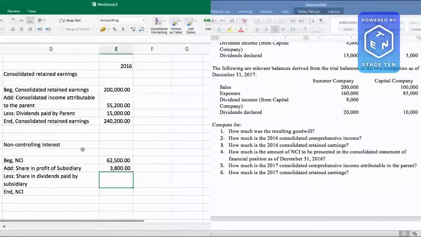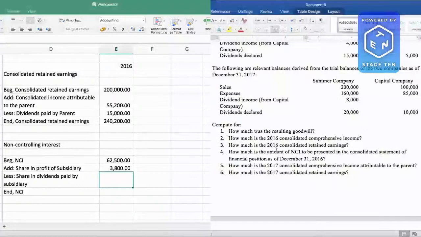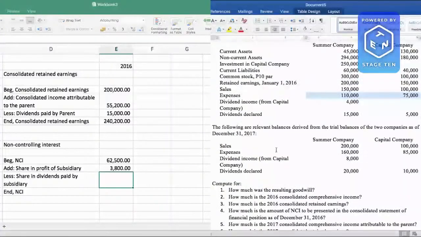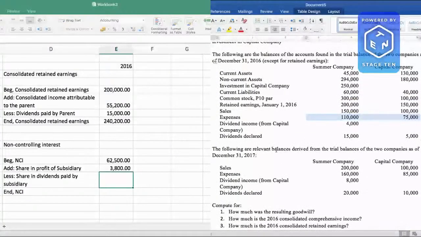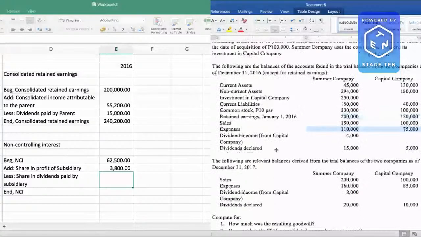Share in the dividends paid by the subsidiary. Let's go back to the problem. Did the subsidiary declare dividends in 2016? Yes, 5,000. Do we deduct the entire 5,000? No, because the 5,000 does not just go to the NCI. Remember that 4,000 went to the parent.